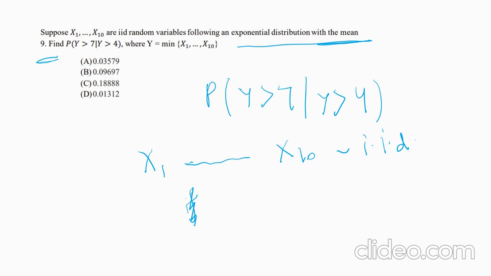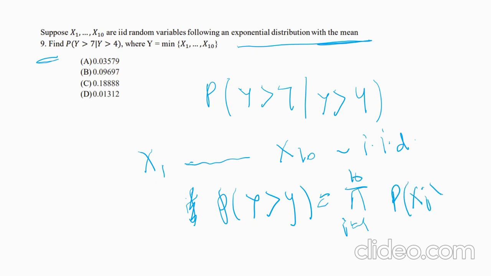So this we can write probability of y greater than 5 is, as we have done earlier, probability of xi greater than y, and then it will be e to the power minus 10 y divided by 9, as 9 is the mean, right?